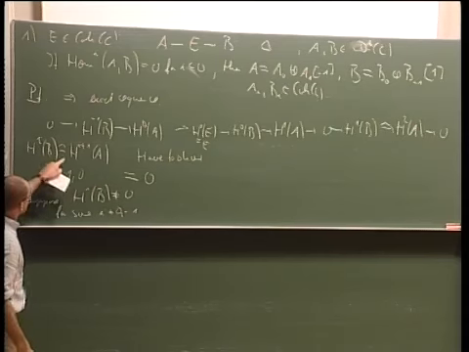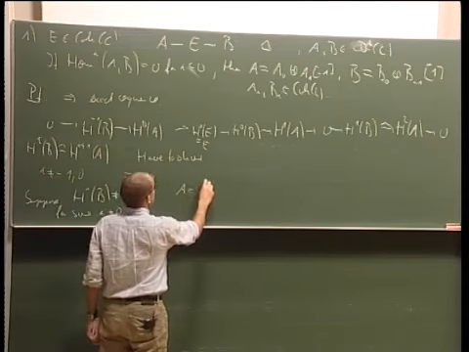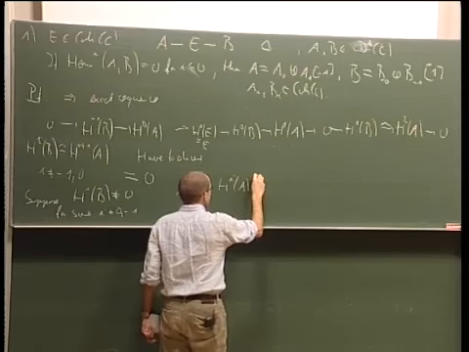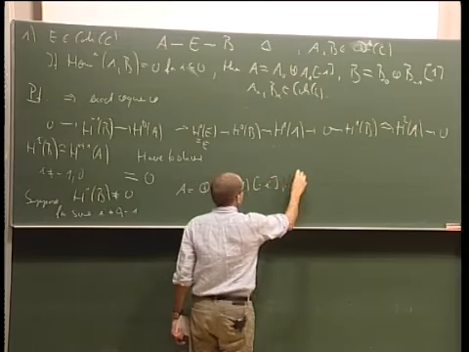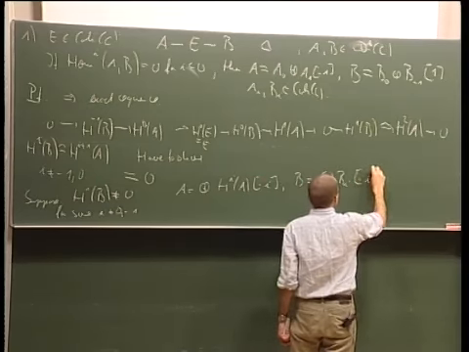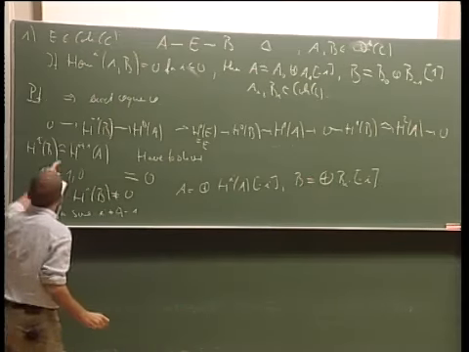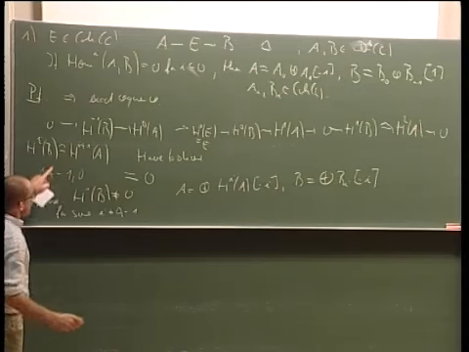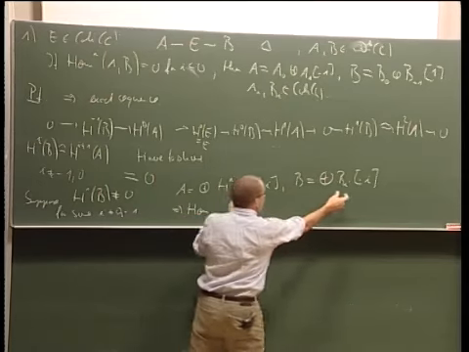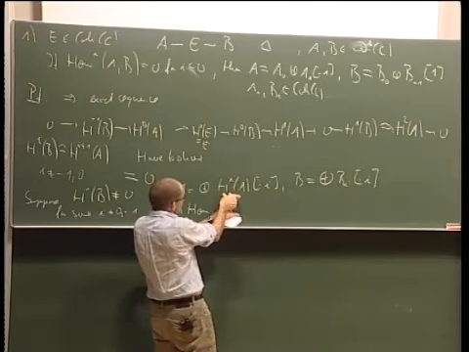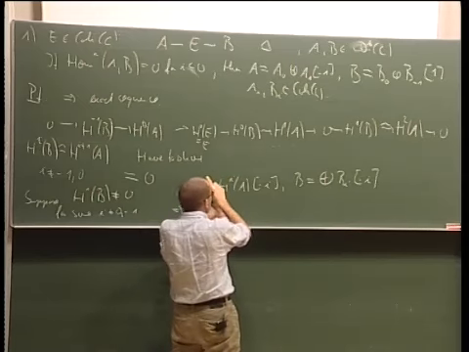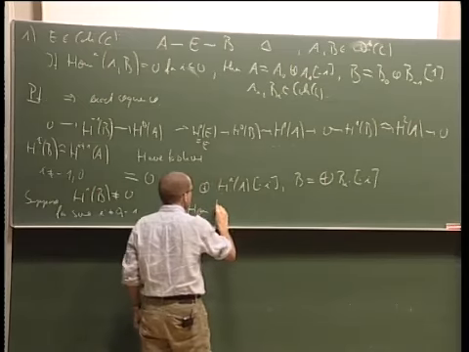Then I have this isomorphism, but on the other hand, I know that A can be written, so this is this first claim here, as a direct sum of its cohomology sheaves, and similarly B can be written as a direct sum of its cohomology sheaves. And if I have an isomorphism of something non-trivial here, I can get a non-trivial homomorphism from one of these direct summands to one of these direct summands here, and that means I get a morphism from the direct sum to this direct sum and with the appropriate shift.